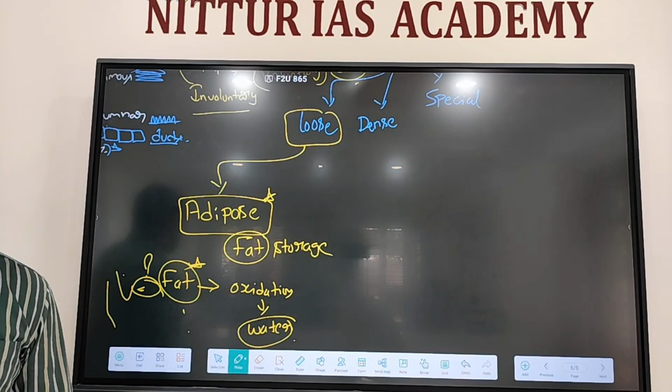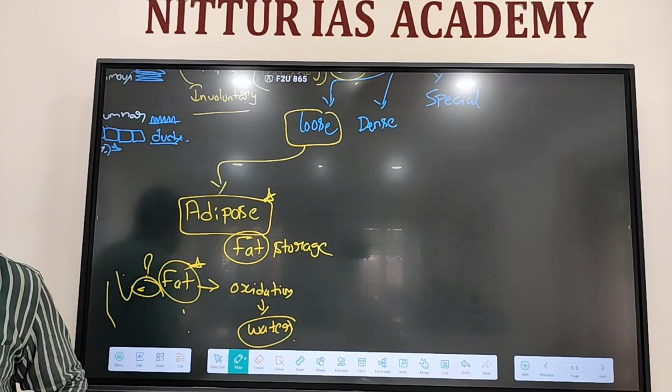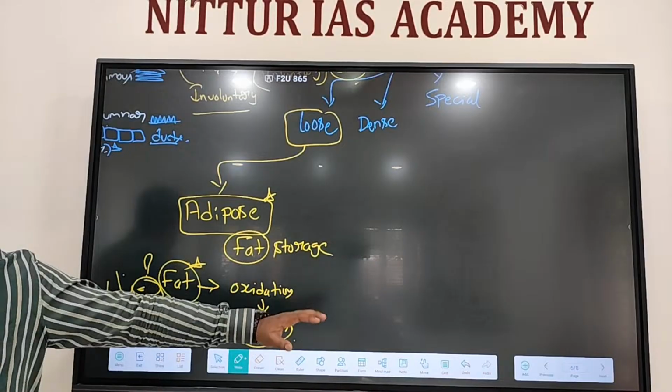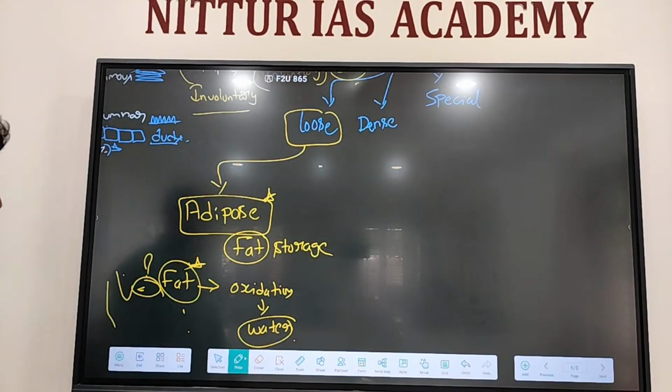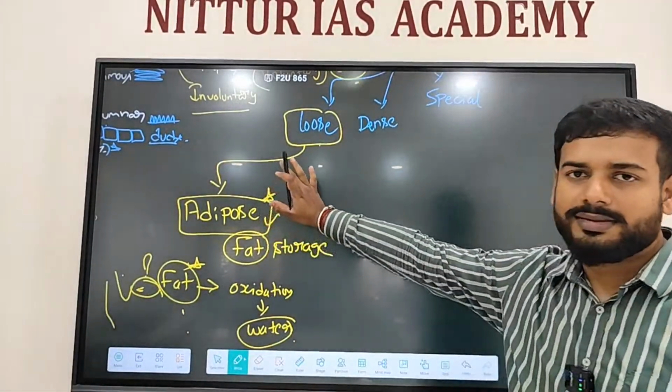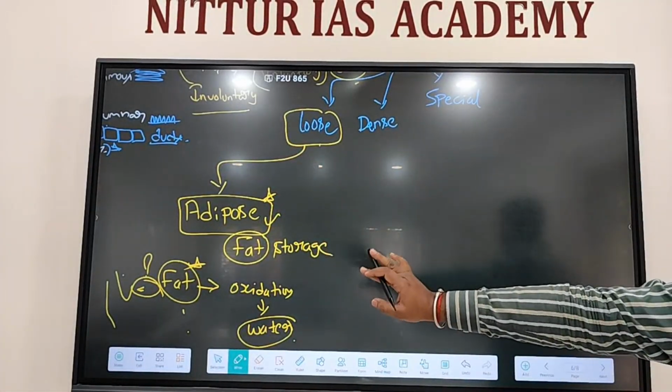When we are fat, we feel more sweaty and body temperature rises because it acts as an insulation layer. Fat is stored in adipose tissue, a loose connective tissue.